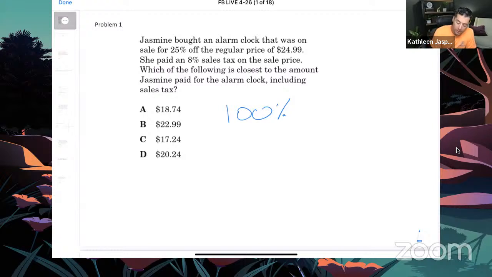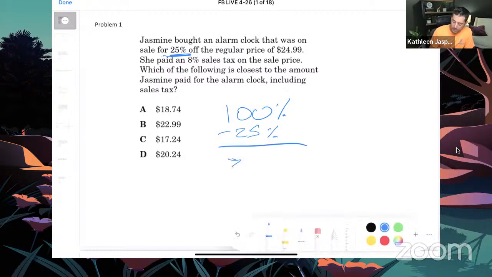If I were to take a sale or a discount, right? Because discount means to take off or take away. And in this case, 25%, well, then just subtract the 25%. What that means is now I'm going to be paying what was once 100% of my price.